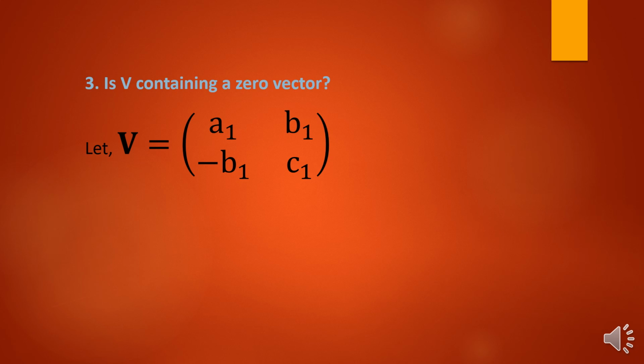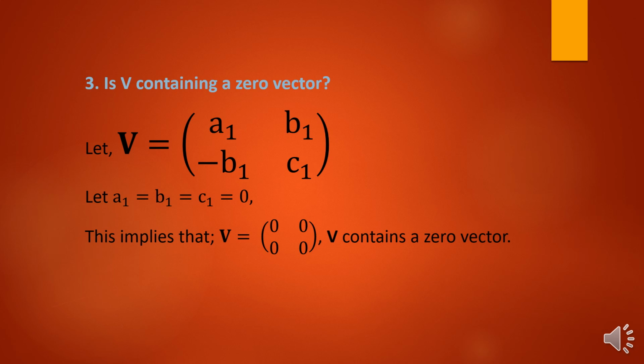But now if I also force B1 to be equal to 0, that means that A1 must be equal to B1, must be equal to C1, must be equal to 0. And that's what I have. And therefore, if I try to substitute in, you realize you have there a zero vector.